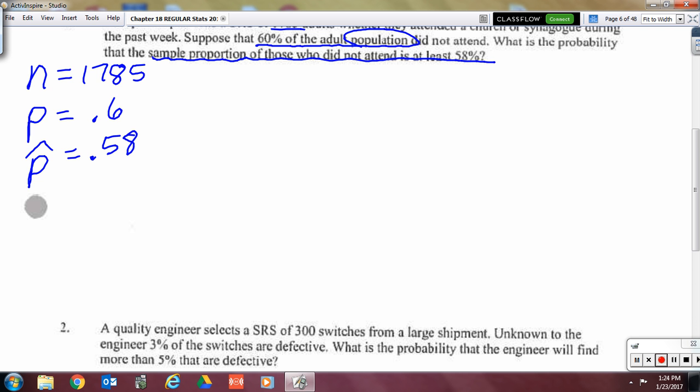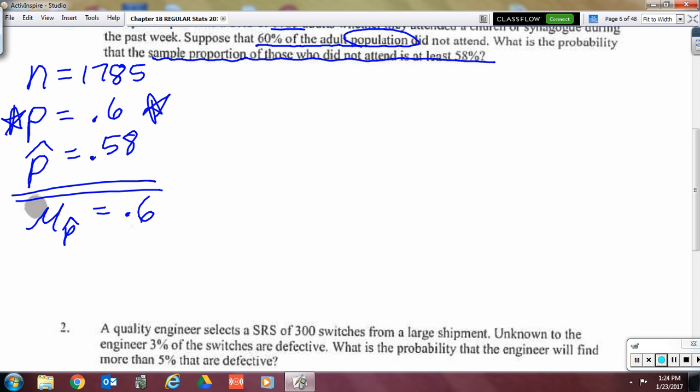Now, let's write down the stuff that we need to write down for our normal model. Okay, so where is the center of the normal model? The mean of all the p hats will be what value? Nope. The center of all the p hats is going to be the population proportion. Okay, so that mean of the p hats will always be the p that they tell you, the population p that they tell you. Okay?